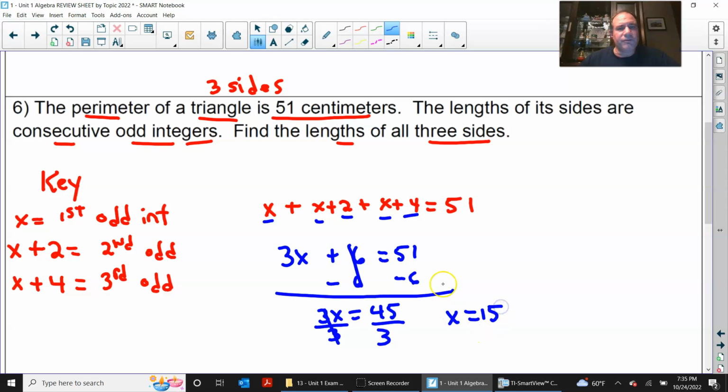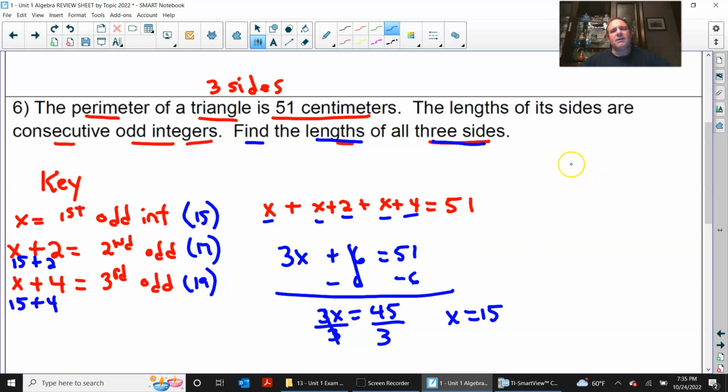Find the lengths of all 3 sides. So that means I'm going to put 15 here. 15 plus 2, I'm just going to squeeze that in there. 17. And 15 plus 4, 19. You could check this if you really wanted to.